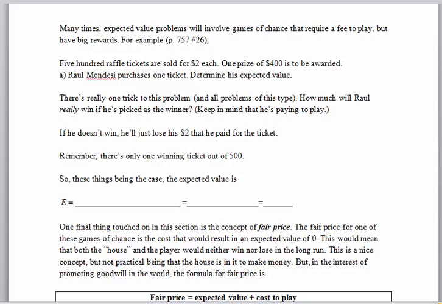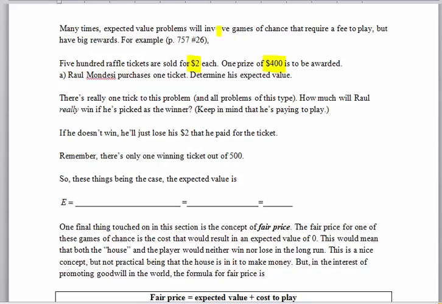And I say at the very beginning, there's really only one trick to this problem, and it pretty much comes up in all problems like this where you have to pay to play something. Since you're paying to play, right, when you win the $400, you're not really winning $400 then, because you initially paid $2.